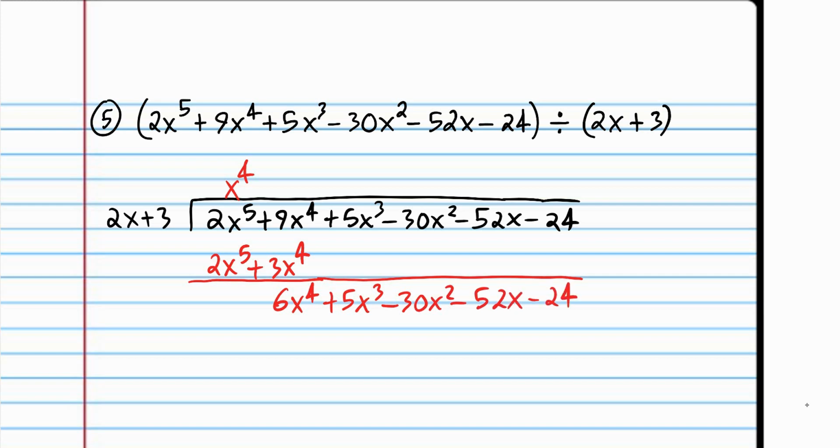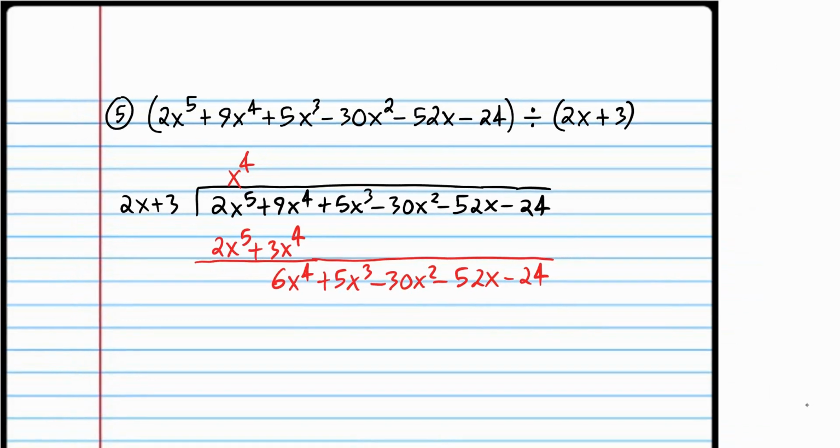So that was cycle number 1. Now we start cycle number 2. We ask 2x, the first term in the divisor, times what number up here is equal to the first term in the remainder. And the answer is 3x cubed.